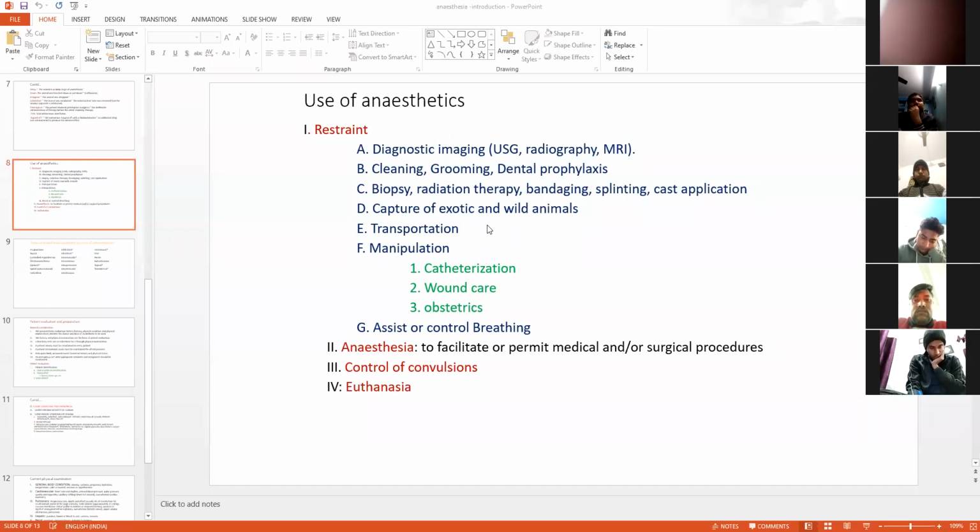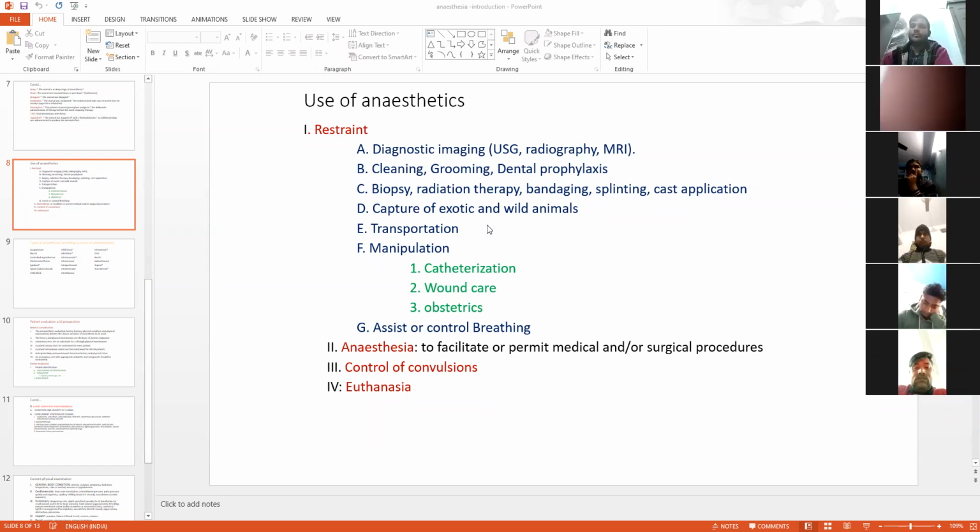Suppose you are interested in transporting an animal from Mysore to Patna Zoo, then mild sedative anesthetic agents are required, because during the journey the animal will struggle and it will cause injury to the animal and sometimes it may become fatal. So to avoid this type of injury and casualty, we use anesthesia.